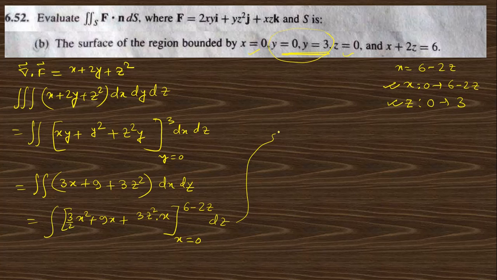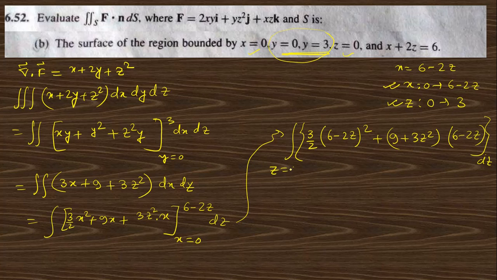Putting x as 0 gives 0. If we put x here, this is 3 by 2 x square, that means 6 minus 2z whole square, plus 9 plus 3z square, and x is nothing but 6 minus 2z, into dz, and z goes from 0 to 3.